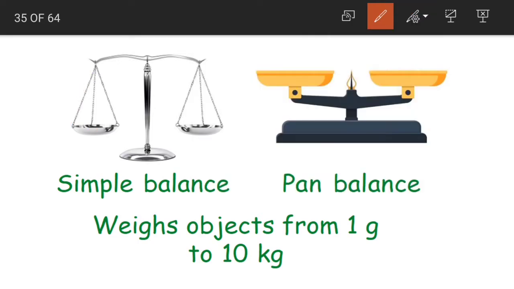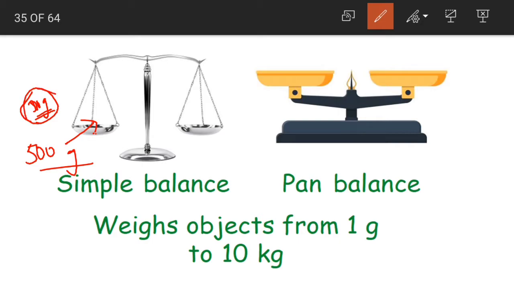Suppose I want to buy 500 grams of apples. Then in this pan I will put 500 grams. We will have stones. Children, if you ever went to a vegetable market, you can observe that they have some stones like this with the markings of 500 grams, 1 kg, 2 kg, 250 grams.